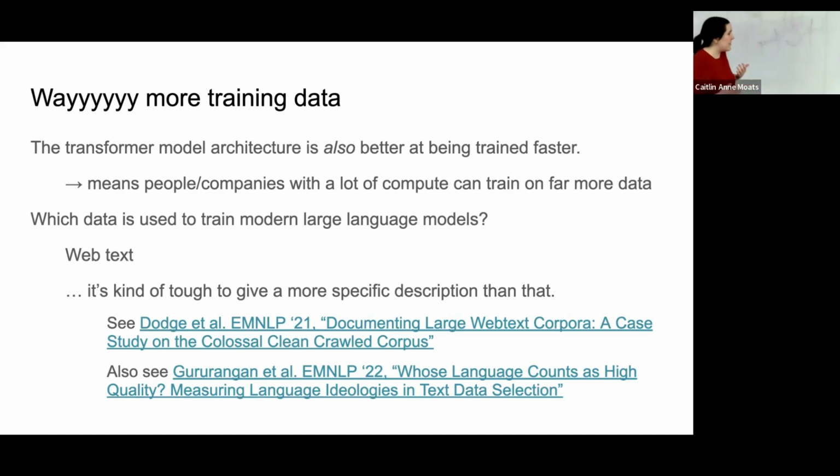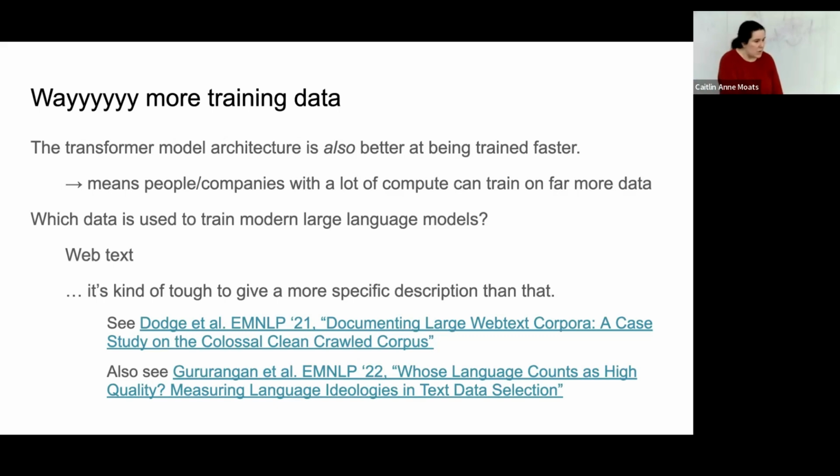There's also questions about, okay, for a lot of these companies that are developing these language models, they'll filter out some text in advance. But there are big questions that come up then about, okay, what kinds of text is getting filtered out? Is it just automatically generated text, or is it maybe other dialects of English, for example, that don't necessarily follow all of the same grammatical rules as the one that I'm speaking right now?